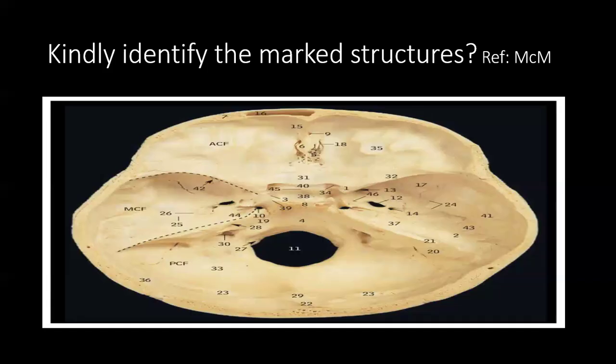Paired are transverse sinus, superior petrosal sinus and inferior petrosal sinus. Unpaired are occipital sinus, straight sinus, and superior sagittal sinus. Where exactly is this straight sinus found?